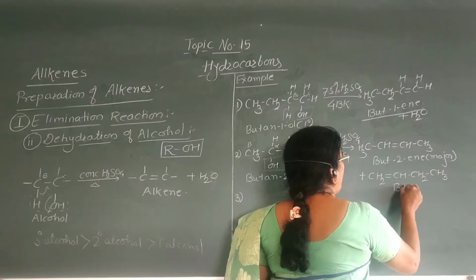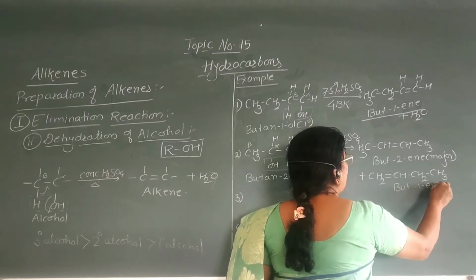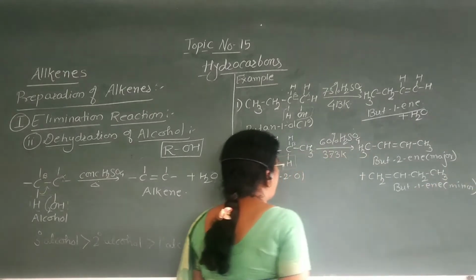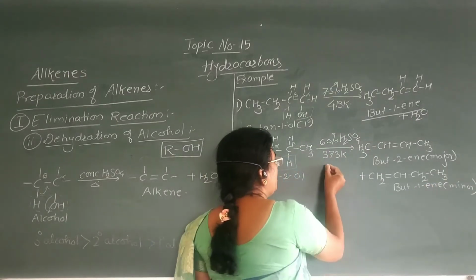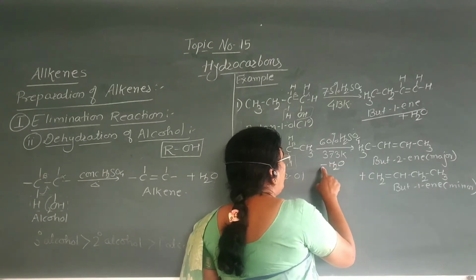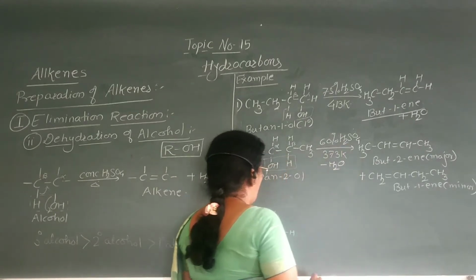This is but-1-ene, but this product is a minor product, or the percentage of this product is lower. Along with this, removal of H2O is carried out. We can write this H2O with negative sign on the arrow.